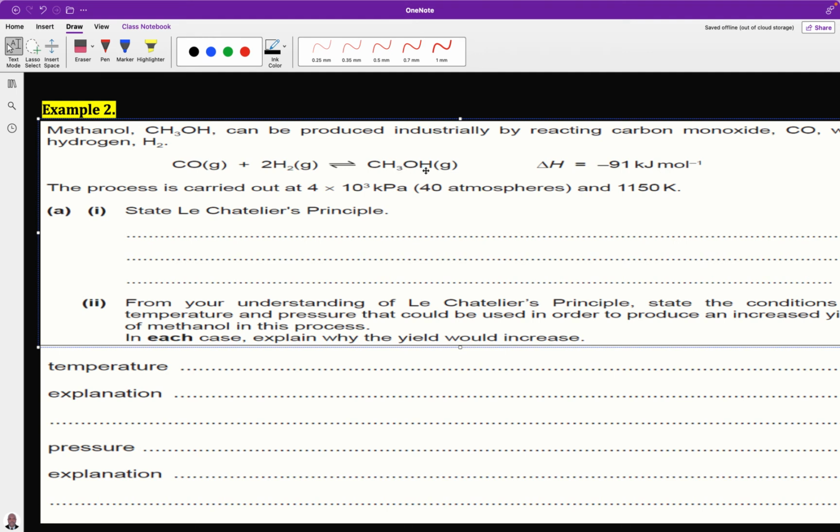Therefore, the equilibrium shifts from left to right at high pressure. So we have high pressure and we have low temperature. A low temperature will favor it, and here we have high pressure.